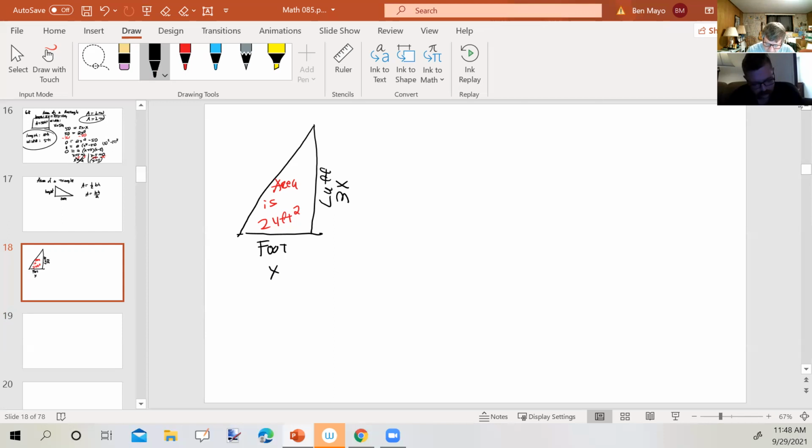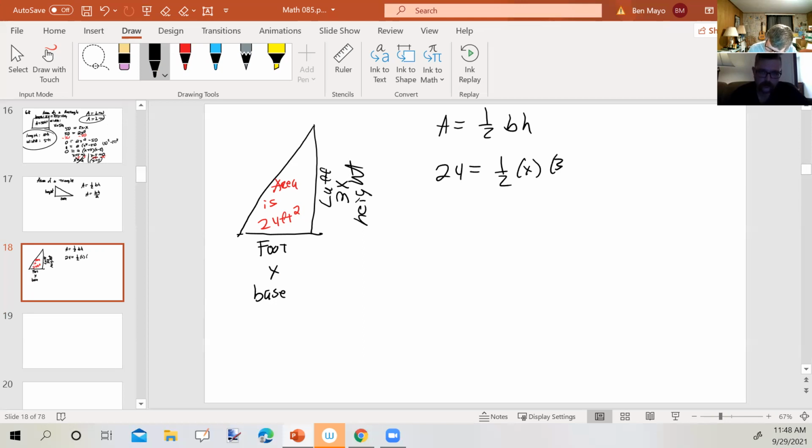So now, how does that all work in terms of base and height? Well, this is the base down here, and this is the height over there. Sorry, I'm turning my board around, and that's why it keeps dinging. So if the area is 1/2 the base times the height, the area 24 would be 1/2 the base, which is x, times the height, which is 3x.